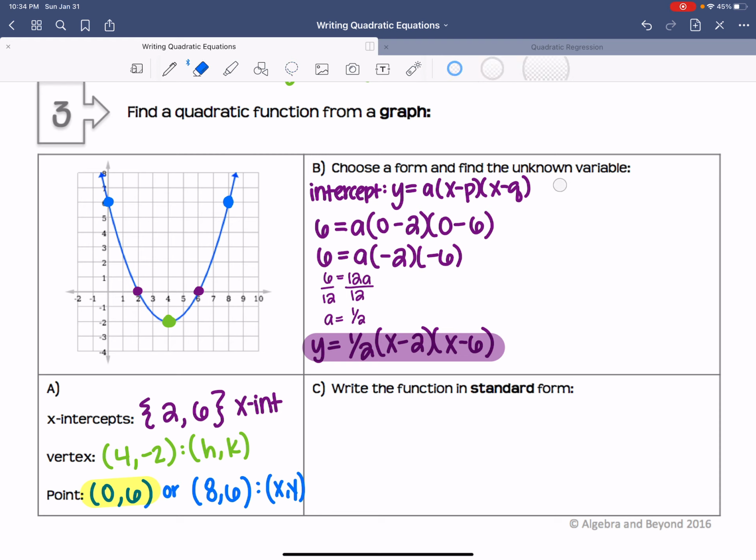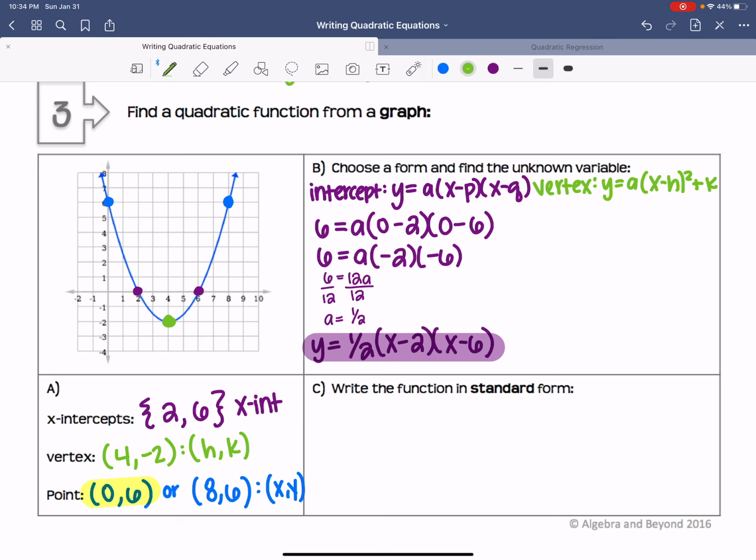Okay, now let's do it in vertex form. Sorry about that, I actually did it backwards from what I wanted to, but that's okay. So vertex form is y equals a times x minus h squared plus k. Alrighty, so now we want to look at the vertex. So our vertex is 4, -2.